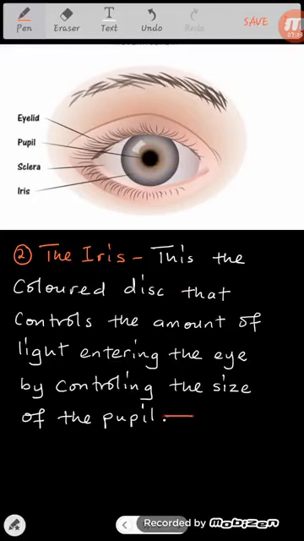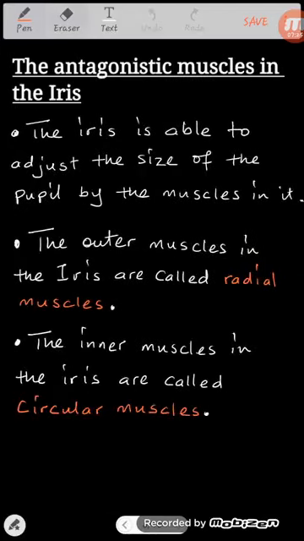Okay, so once you've understood this, you must now understand that inside the iris, we've got a special type of muscles that we call the antagonistic muscles. So you must understand, therefore, that the iris is able to adjust the size of the pupil by the muscles that are found inside of it.